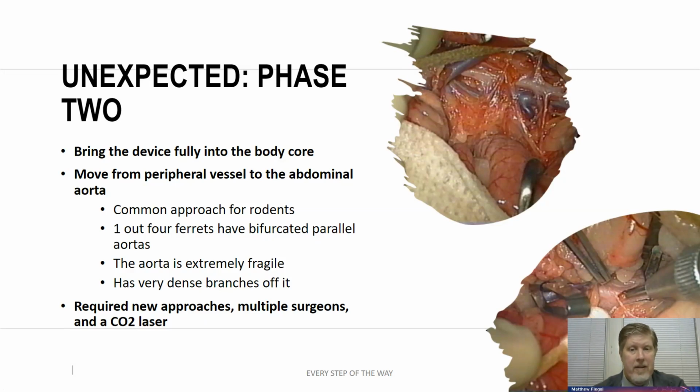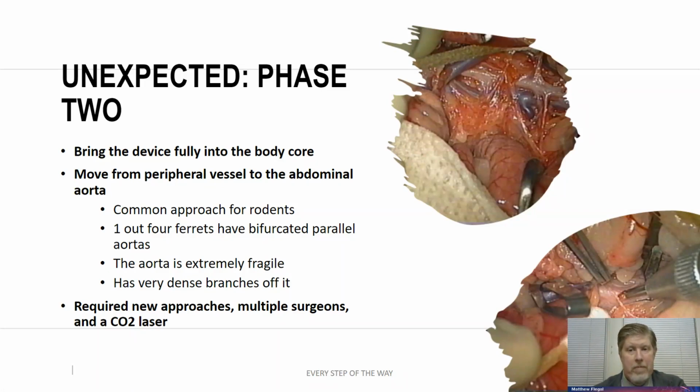So because of that, we had to use some rather different techniques to avoid damaging the aorta, having it tear, but also to occlude off all of those branches so we could isolate a segment. So if you look in the lower right, we went over to a CO2 surgical laser to make that arteriotomy, so to make the incision in the artery.